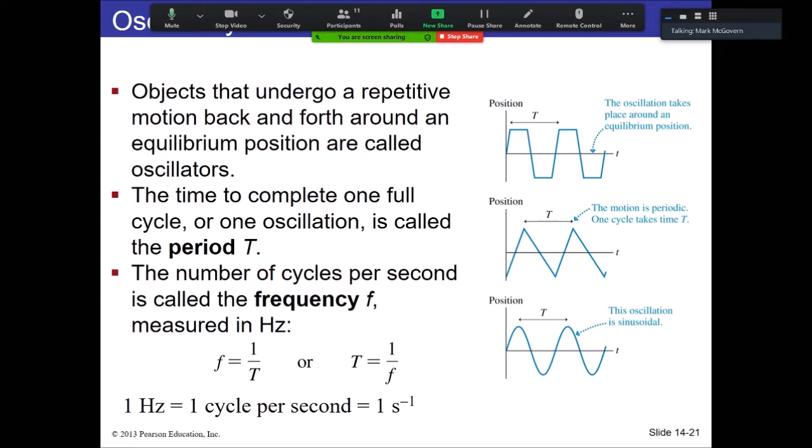You've dealt with angular frequency quite a bit up to this point. It's the omega, which has units of radians per second, whereas oscillatory frequency, or just frequency by itself, automatically implies hertz, not radians per second. So be very careful with the language that you see.